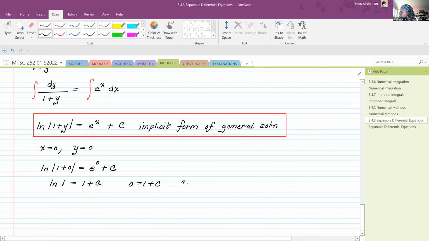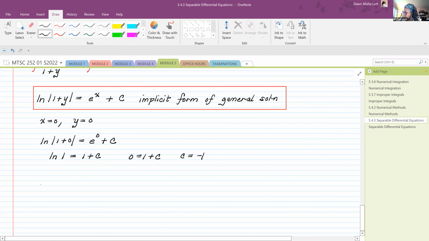So c is -1. So now I'm going to get the unique solution, the log of the absolute value of 1 plus y, which we don't even really need anymore because we know y is greater than -1. So I can put that in parentheses. Is equal to e to the x minus 1.